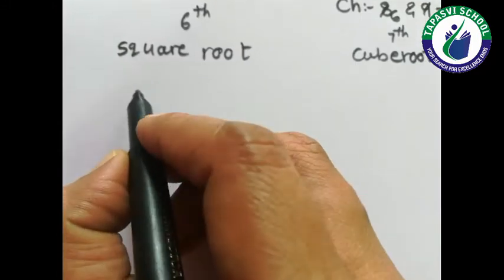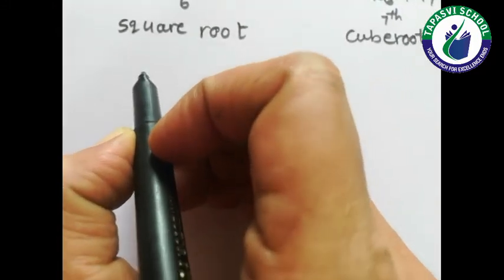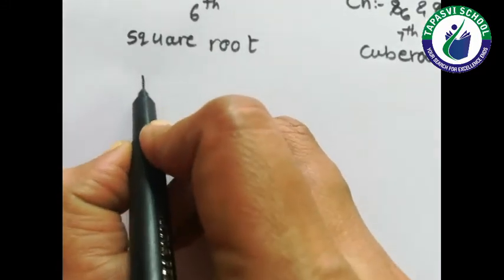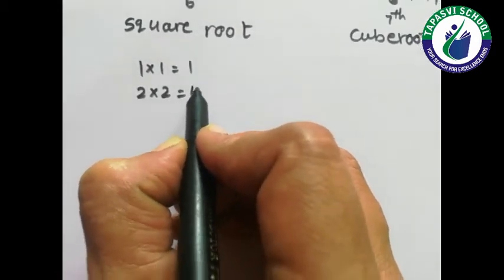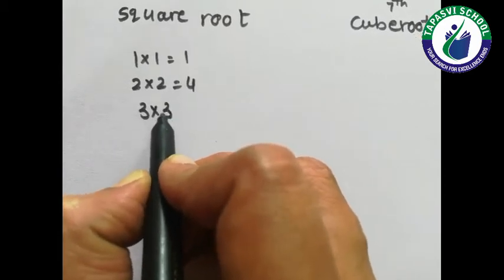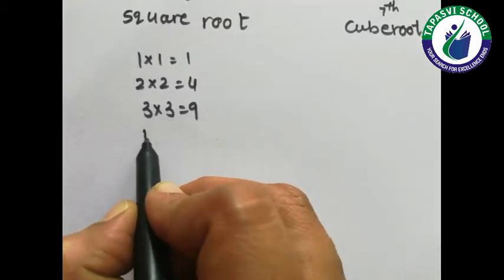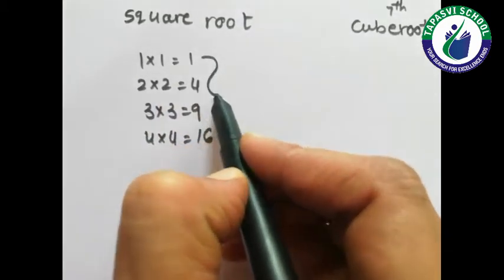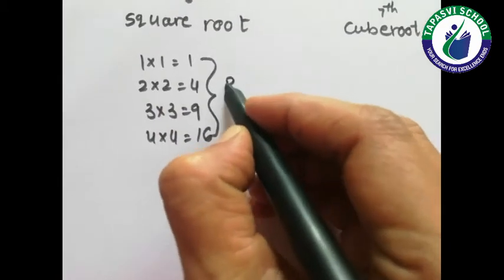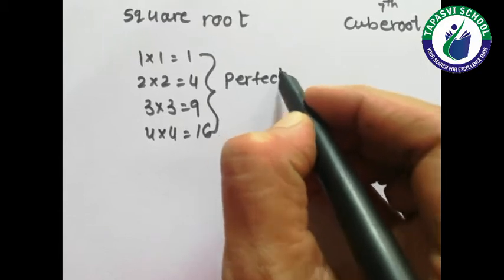Here square root means multiplication of the same number two times. For example, 1 1s are 1, 2 2s are 4, 3 3s are 9, 4 4s are 16. So all these numbers are known as perfect square numbers.